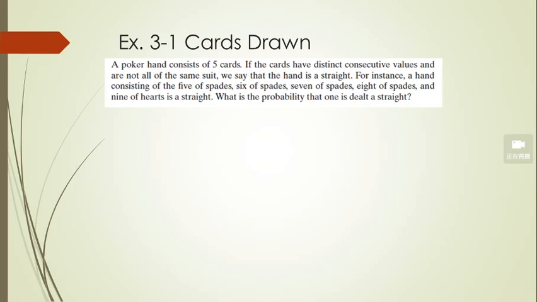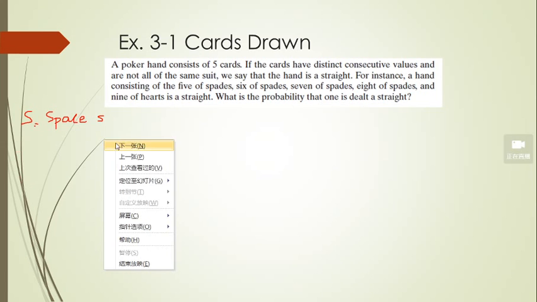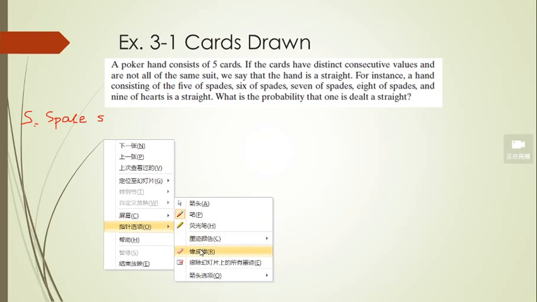So here we need to think about the case when we have 5 distinct values, but they might have the same suit, right? Now, let's illustrate the sample space, the possible outcomes, and the outcomes in the event.